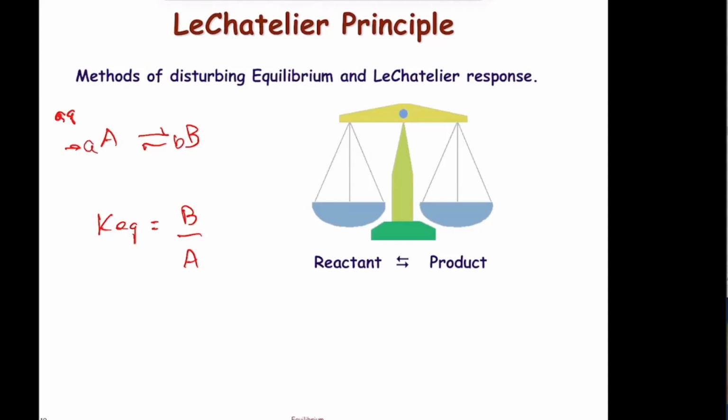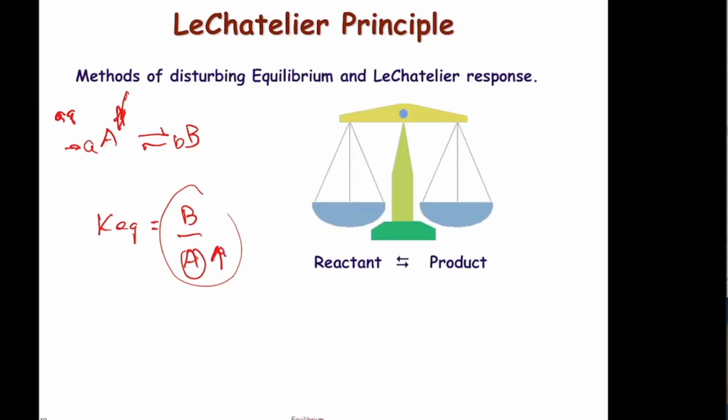Now suppose that we add more A, so we've upset the equilibrium. When we add more A, A will go up, and this ratio will not equal K equilibrium anymore. The only way for this ratio to equal K equilibrium is that even though we introduce A initially, A has got to be consumed.